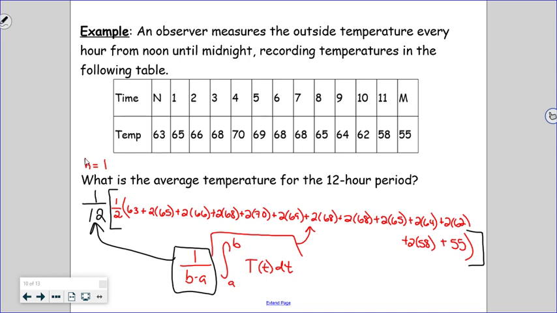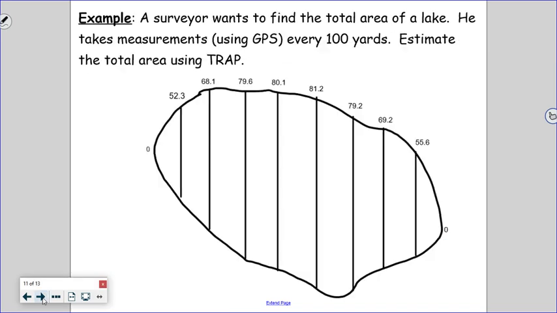Okay, so this was in a table. We've seen it given a function, and then looking at our trapezoidal rule given a picture and understanding how we kind of apply that to here. It says, in this example, a surveyor wants to find the total area of a lake. That's your lake, okay?